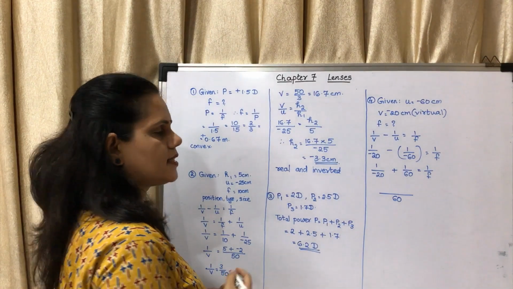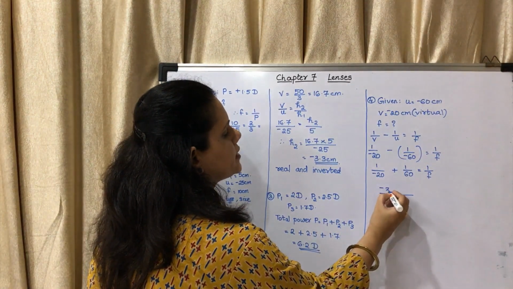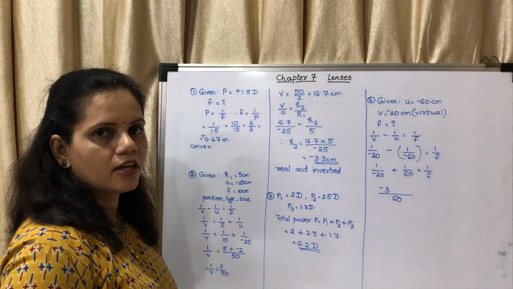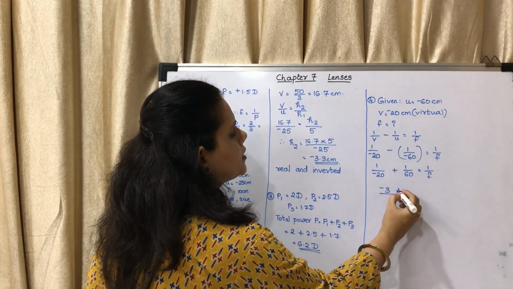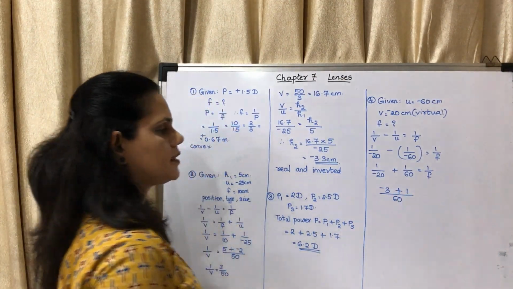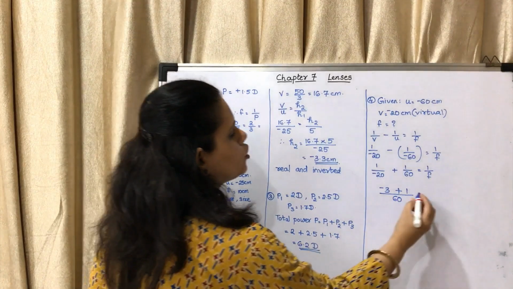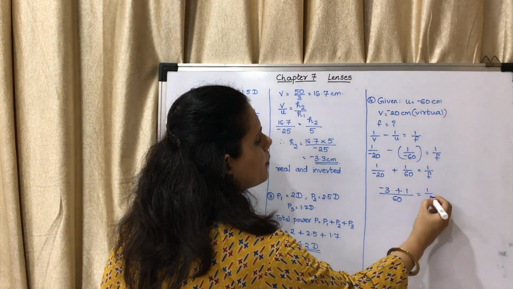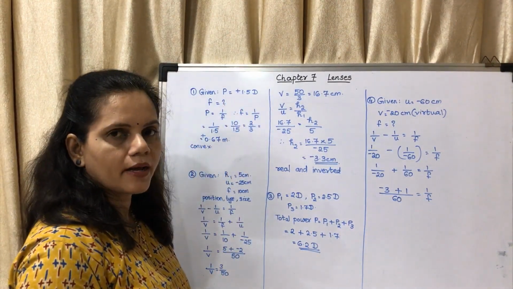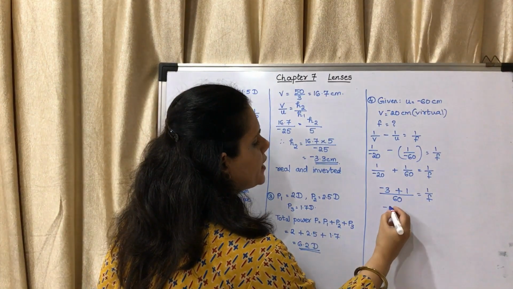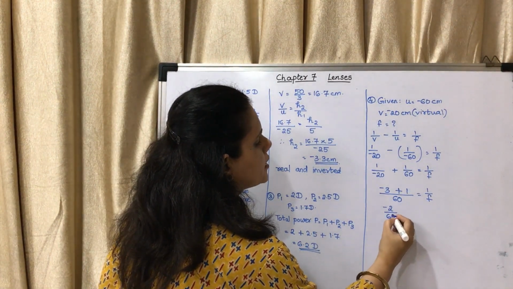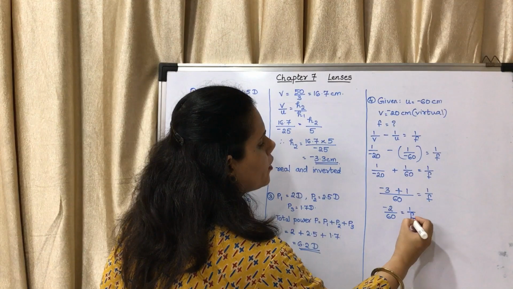20, how much are 60? 20 threes are 60. I am putting the sign also there. Plus 60, how much are 60? 60 ones are 60. So minus 3 plus 1 upon 60 is equal to 1 upon f. That is minus 2 upon 60 is equal to 1 upon f.